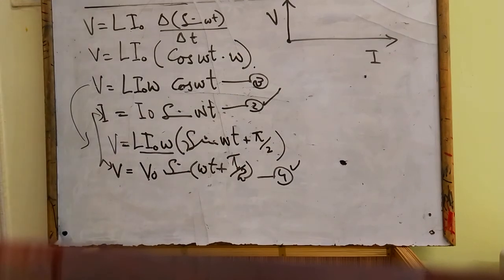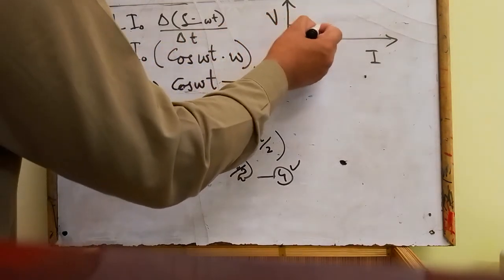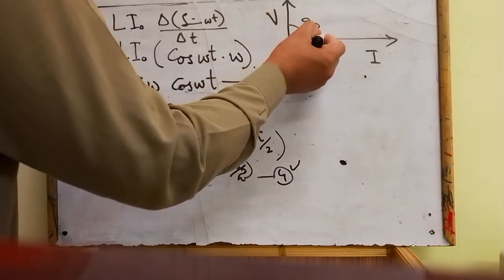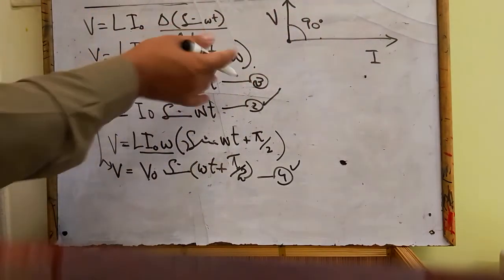So this shows that voltage leads the current by 90 degrees when it is passing through an inductor.